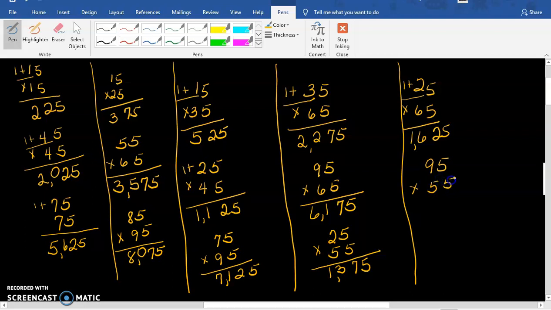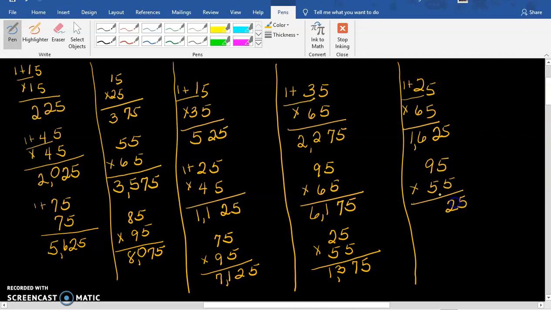How about if you're given 95 times 55? Are they both two-digit numbers? Yes. Do they both end with a 5? Yes. Is the difference between the tens digits 4? Yes. Therefore, you are going to follow the same procedure. Last two digits would be 25.